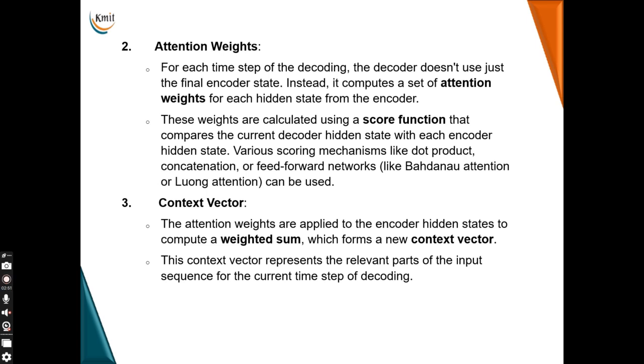So we are not simply taking the output that is coming from the encoder; instead, we compute attention weights for every hidden state generated by the encoder. These weights are calculated using a score function, which compares the current decoder's hidden state with each encoder's hidden state.